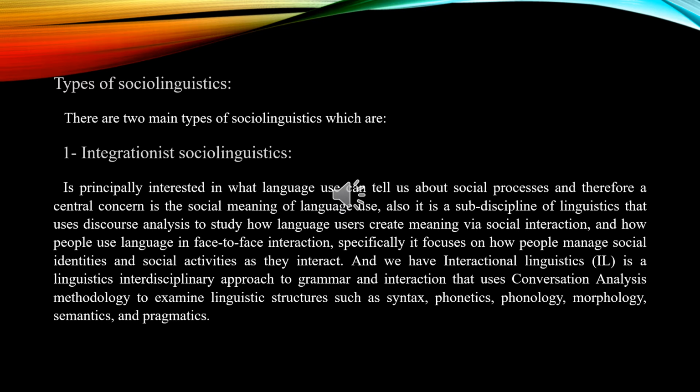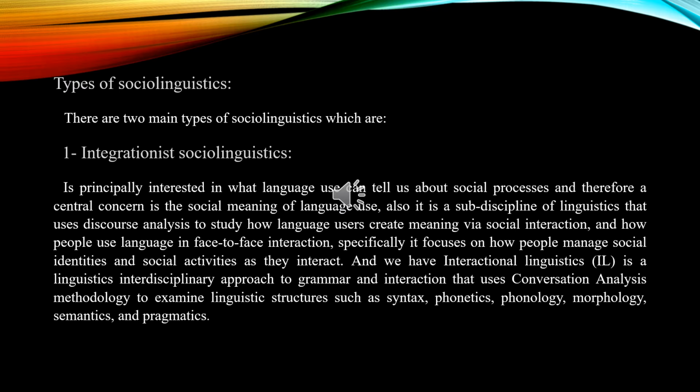Types of sociolinguistics. There are two main types of sociolinguistics. Interactional sociolinguistics is principally interested in what language use can tell us about social processes, and therefore a central concern is the social meaning of language use.